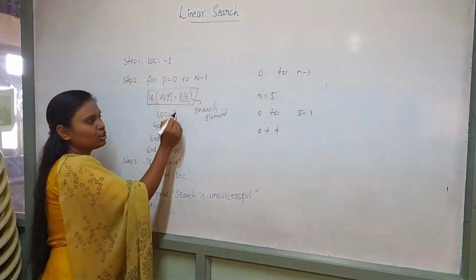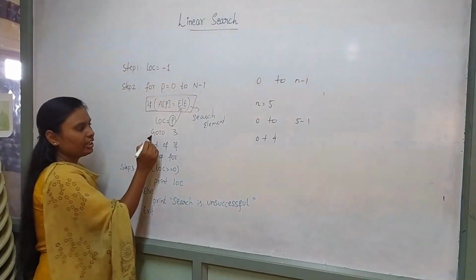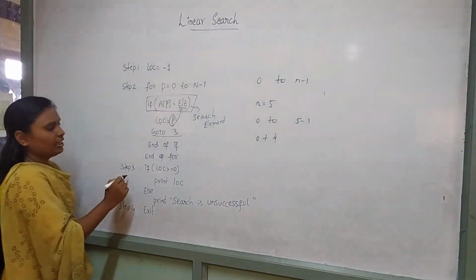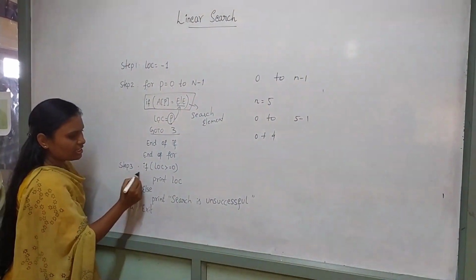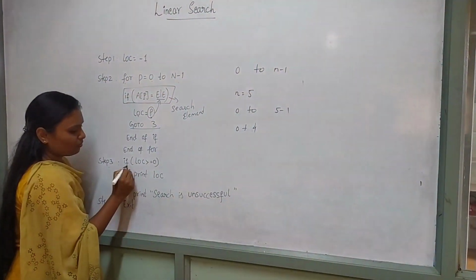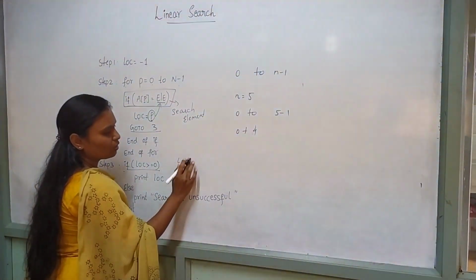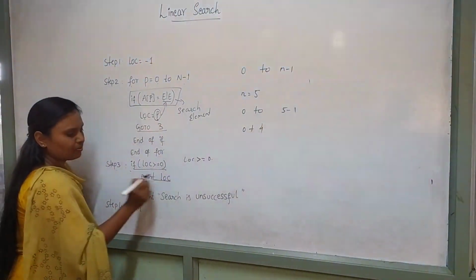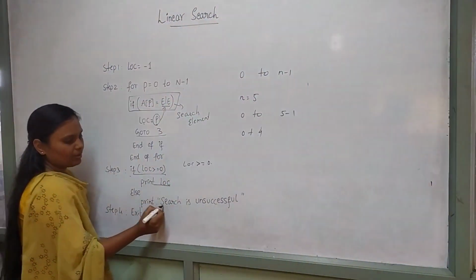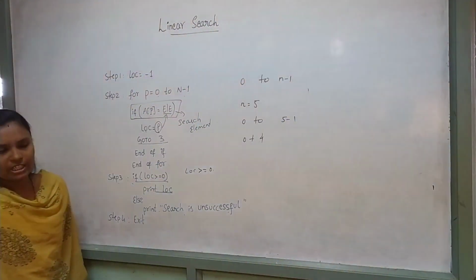Location is set to the position where the search element is found. Then go to step 3, where the if statement ends and the for loop ends. Next, step 3: if the element is found at the position, location is greater than or equal to 0, so it prints the location, else it prints search is unsuccessful. It means the element is not found in this array.